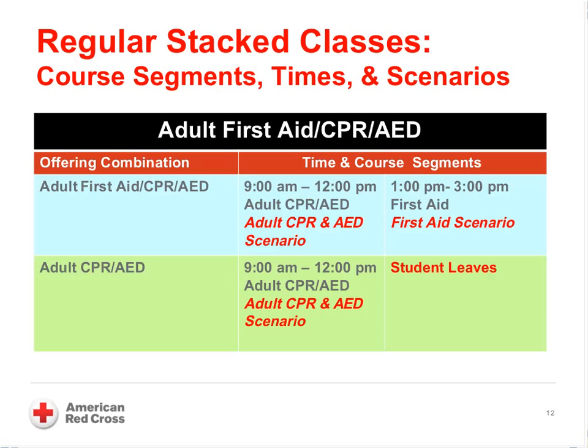The students that were enrolled only in the adult CPR AED would leave at 12 p.m. and then the students that were enrolled for the whole, more comprehensive class would come back after lunch at 1 p.m. and stay for the first aid part and the scenarios. So the big difference here is that we're not doing the end of course scenarios at the end of the day. We're doing them at the end of the components.